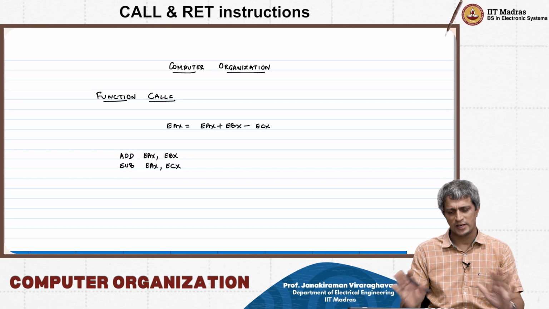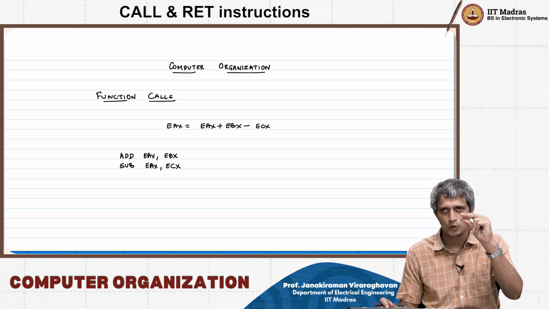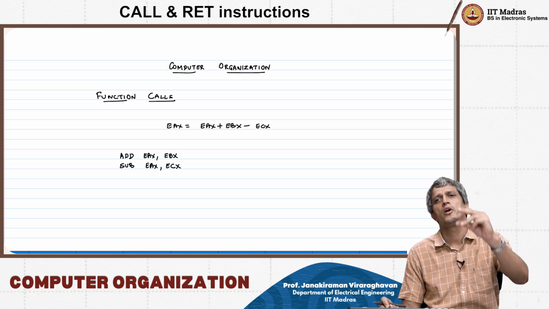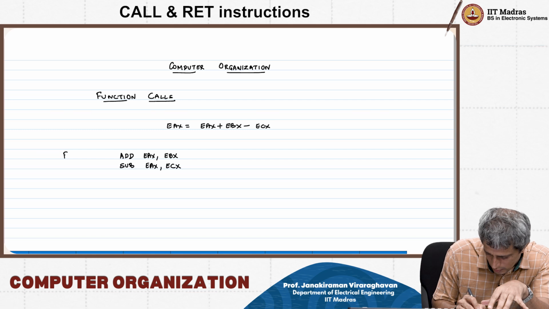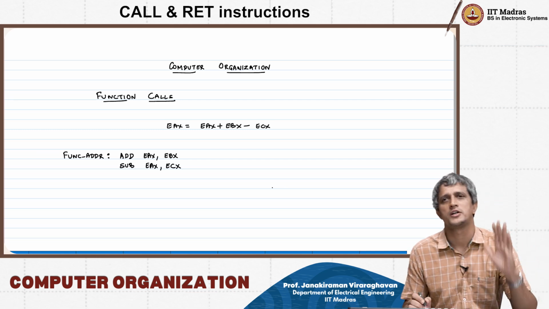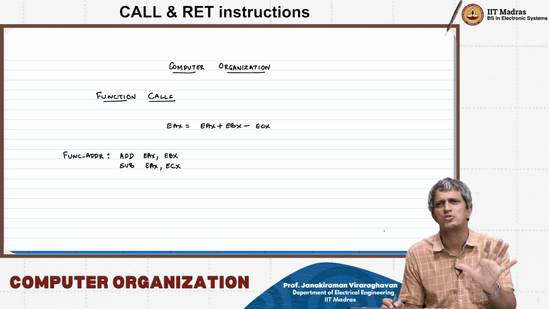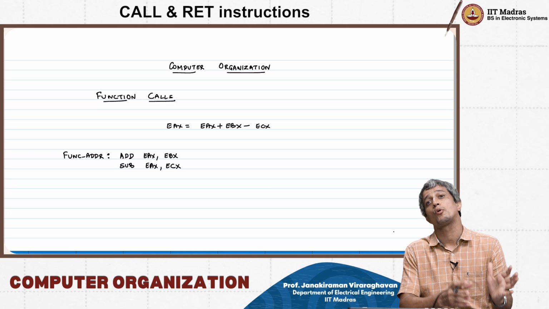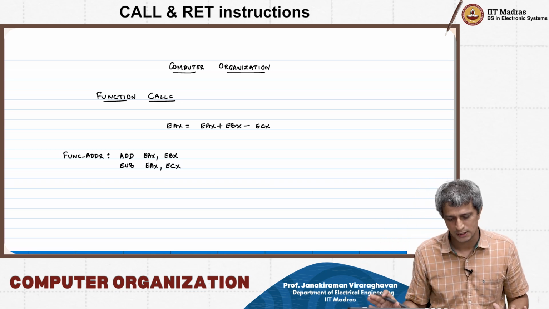This is a very simple function that I want, and these two instructions are going to reside in memory somewhere. So I will call this function address. This is the function address. It's a label corresponding to some address in memory when the program gets loaded into the memory. So we'll not worry about that at this point.